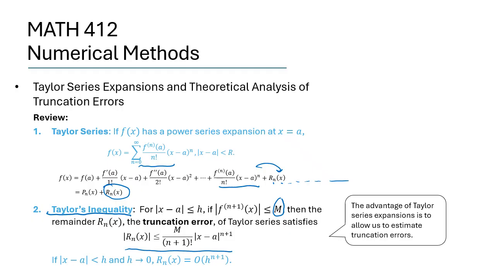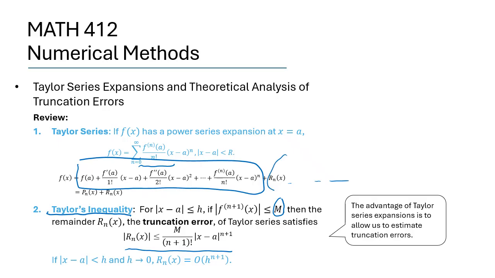This is the estimation of this part. If we use the first n plus 1 terms to approximate f of x, this part is called the truncation error. That inequality is used to give us, theoretically, an estimation of the truncation error.